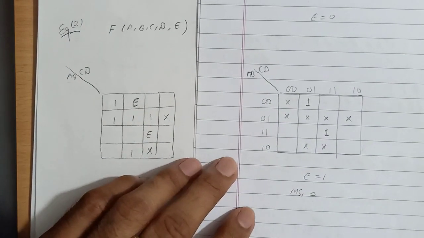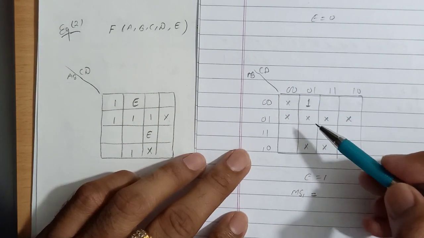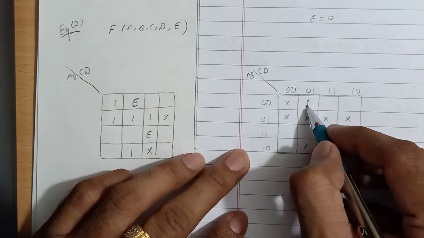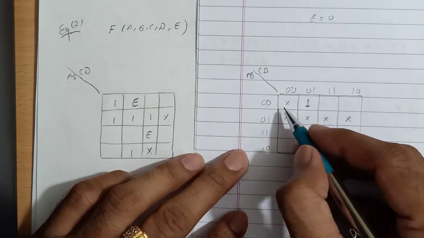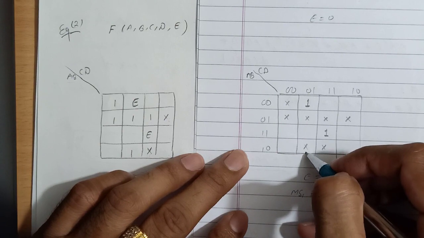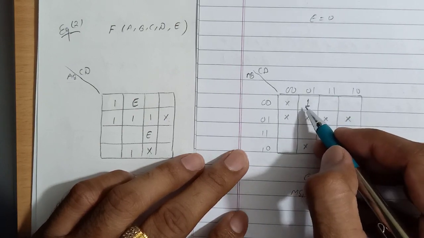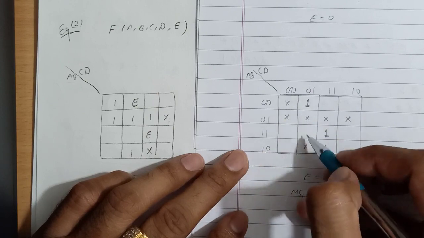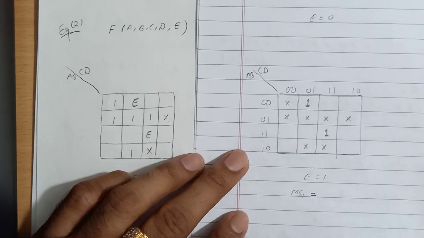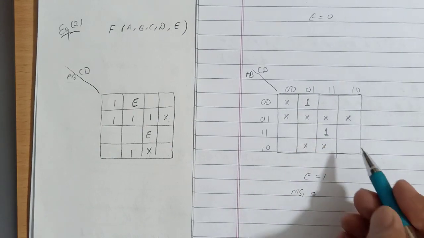So how will you solve this K-map? Again we will use our general theorem. If I consider this one, these two are neighbors, and this is also a neighbor, but this neighbor is absent. Can we cover these three don't cares with this one? No, we cannot cover. So this is not part of an essential prime implicant.